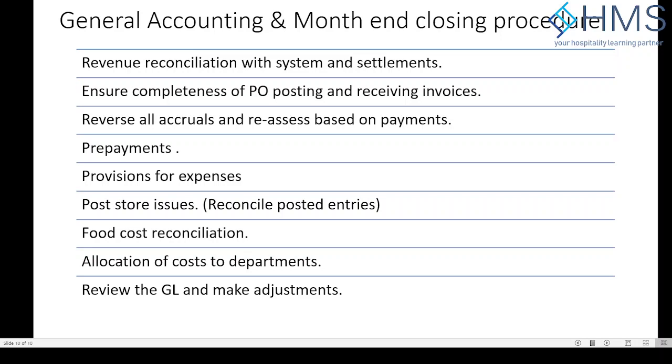Usually a month end closing process should take about 3 days to finish, depending on the volume of the hotel. In our hotel, Shangri-La Bangkok, we used to finish by the fourth or fifth. We used to issue the P&L for review, and we could do that because we start early, by the 24th, 25th.